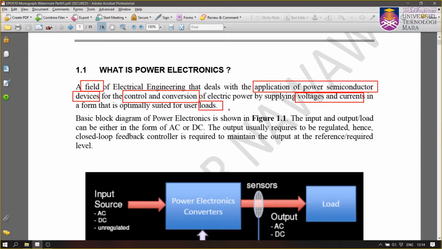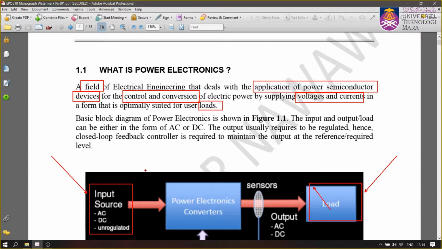So we know that in the power system we can have the voltage and current in the form of AC as well as DC, and it depends on the availability of the input, the source, the supply, and the type of current or voltage available from the input, and also the requirement from the output side. Now we have this input source, and on the right-hand side we have the load, the output, which can also be in the form of AC or DC.